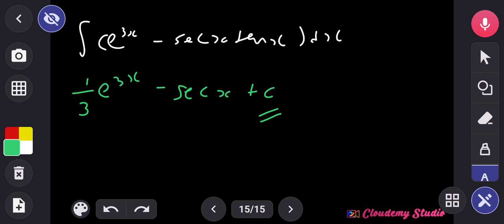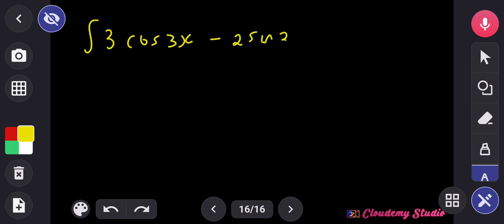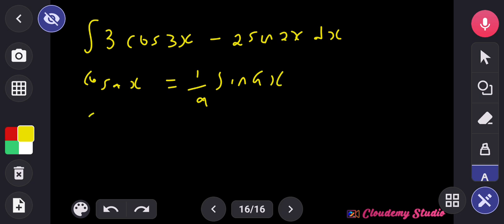Not difficult. Let's say we have a question like integrate 3 cos 3x minus 2 sine 2x dx. How are we going to solve this particular question? Remember that the integral of cos ax equals 1 over a sine ax, and the integral of sine ax equals minus 1 over a cos ax, right?